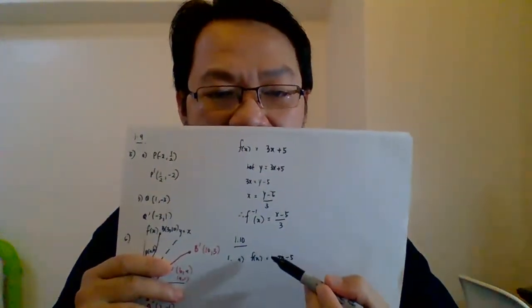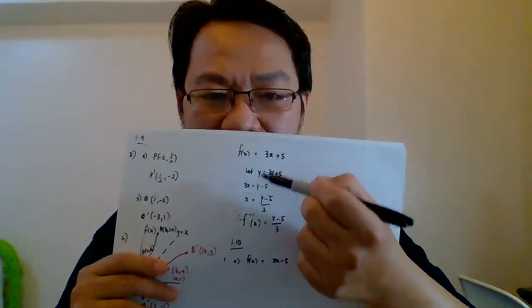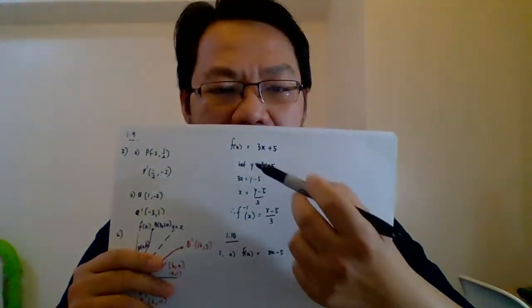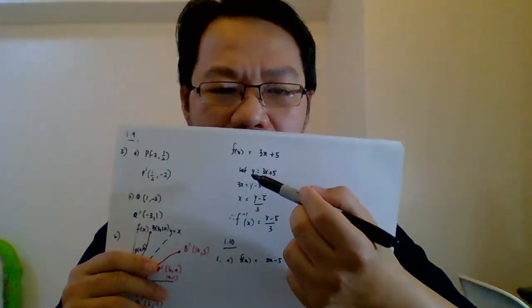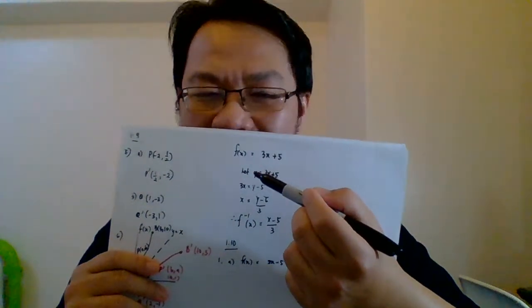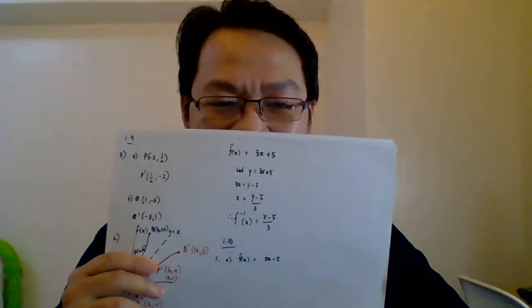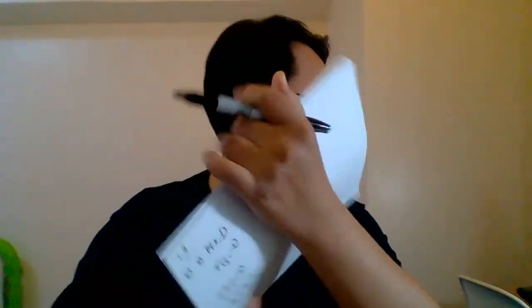So we want to find the inverse. First step, we must let y. Let me repeat again: let y if you want to find the inverse. You let y, or you can use whatever letter you like. If you don't like y, you can replace it with z. It's up to you. So y equals 2x minus 5, right?